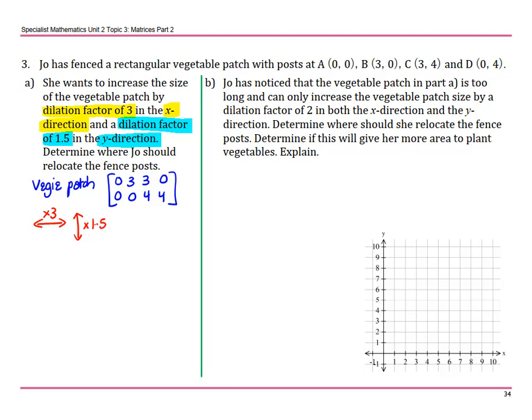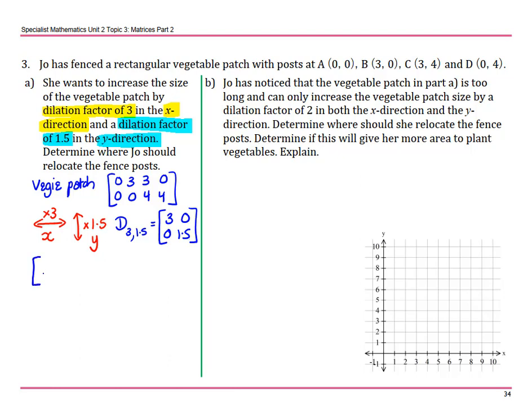So with the times by 3, that's our x value that's going to change. And with the times by 1.5, that's my y value that's going to change. So when we write our dilation matrix, our x is changing by 3, our y is changing by 1.5. So we end up with 3, 0, 0, 1.5.